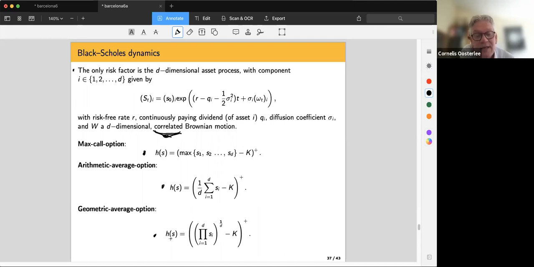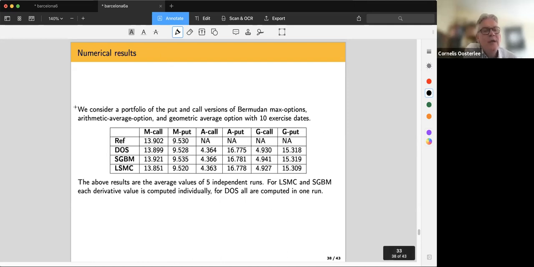Here, in the first experiment, we consider a portfolio of put and call options: Bermudan max options, an arithmetic average option, a geometric average option, and 10 exercise dates. And we look at the values.